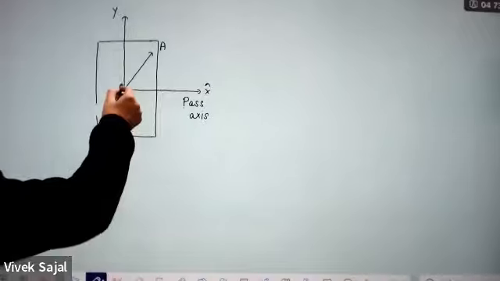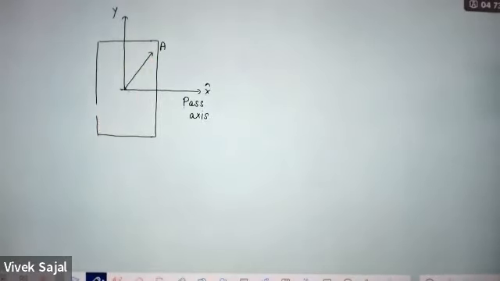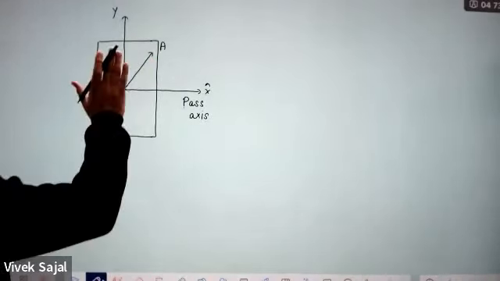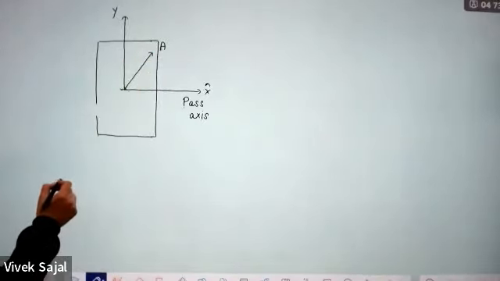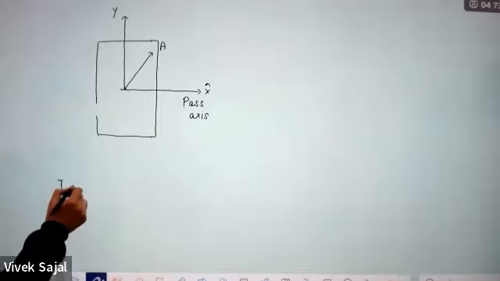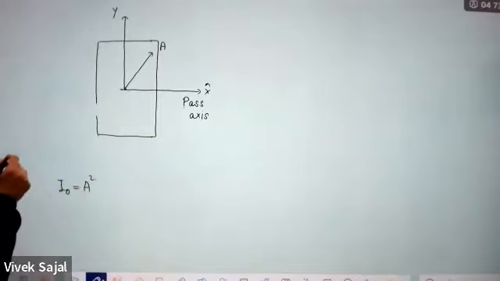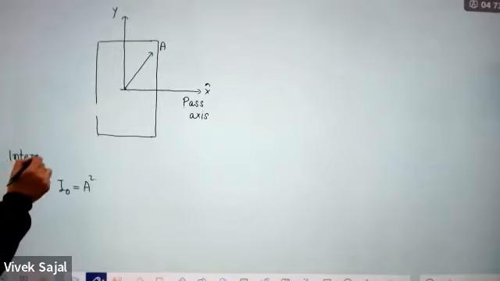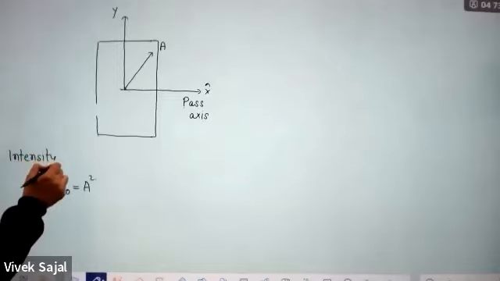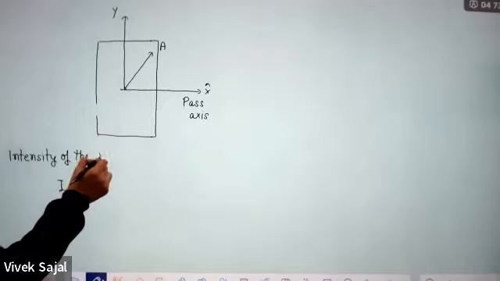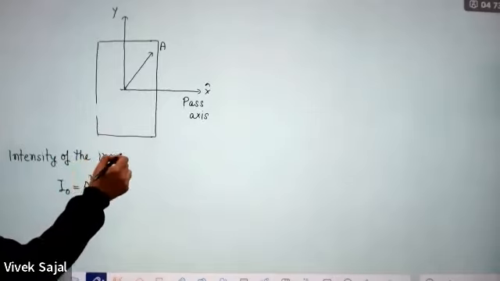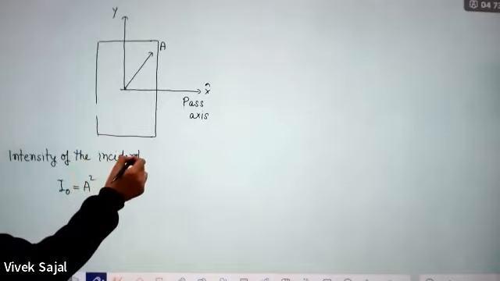Can you tell me what will be the intensity of this light? The intensity of the incident light with amplitude A, I naught, will be A square. This is the intensity of the incident light.